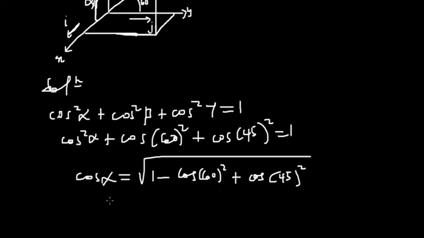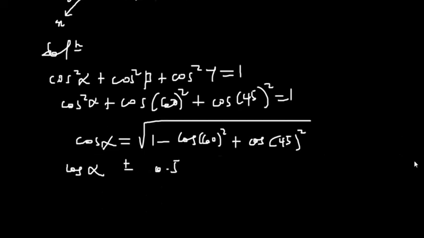After this, all you have to do is find the final answer. Note that the final answer is plus or negative because of this root sign. When you compute the whole of this, 1 minus cos 60 squared plus cos 45 squared, on your calculator, you end up with cos alpha equal to 0.5.